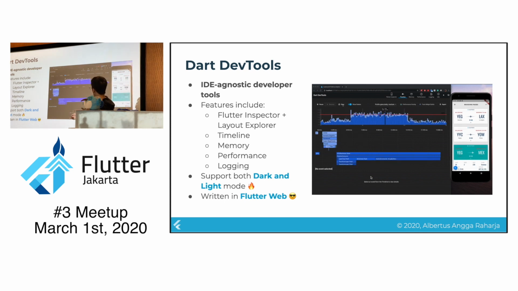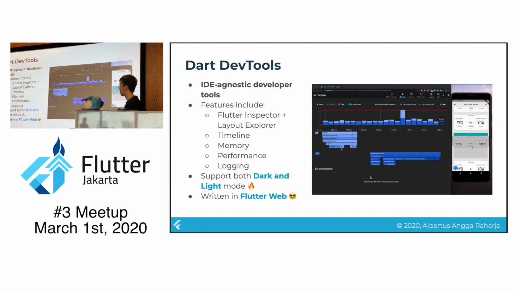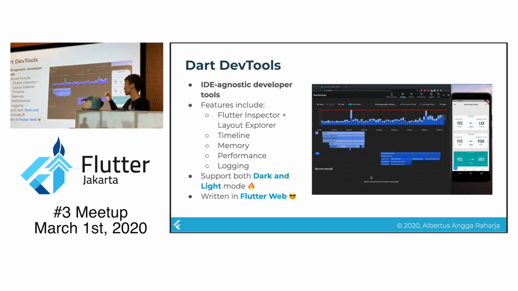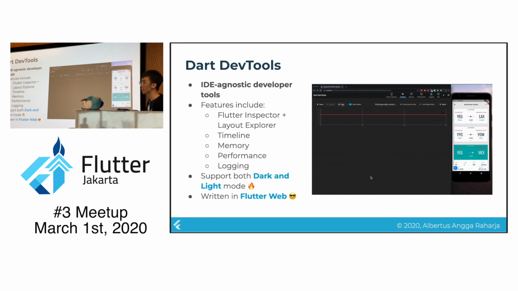It has also memory page that can profile your memory consumption, and then logging, which is just like a nice version of your CLI. And it supports both dark and light mode, and it's written 100% in Flutter for web, but it's currently in alpha. The previous version of Dart DevTools is written in Dart, but now they are writing it again in Flutter web.